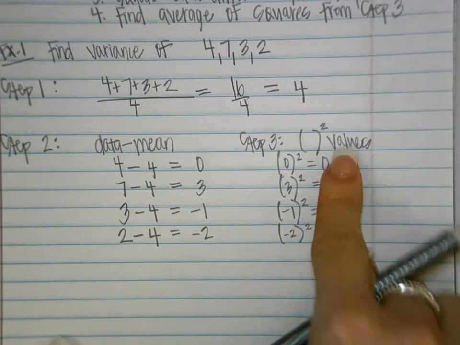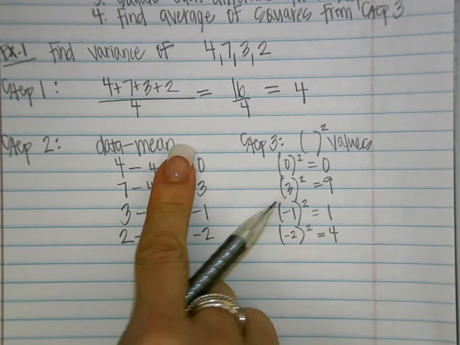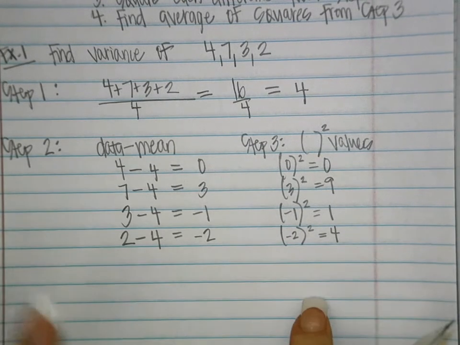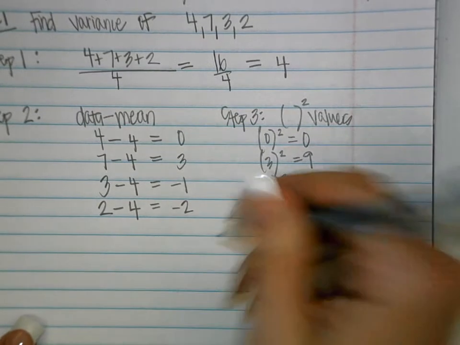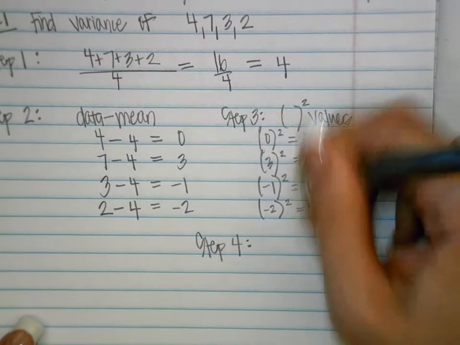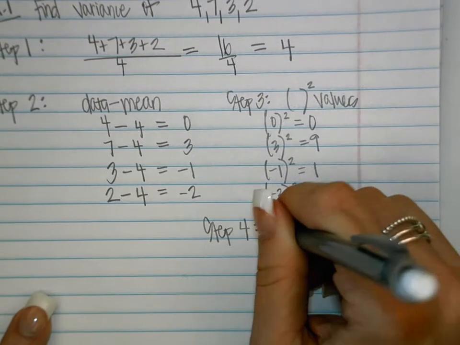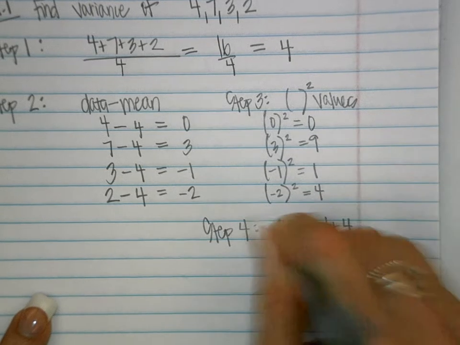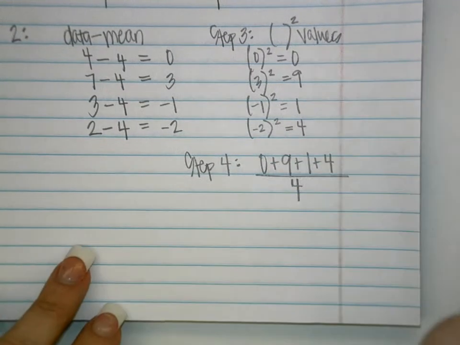Since you're going to end up squaring these, it doesn't really matter if you take the data minus the mean or the mean minus the data, because you're going to square the difference and end up with positive numbers anyways. Then step 4 is to take all of these squares and find the average of them. So you add up 0, 9, 1, and 4, and divide by however many things you added, so divide by 4.